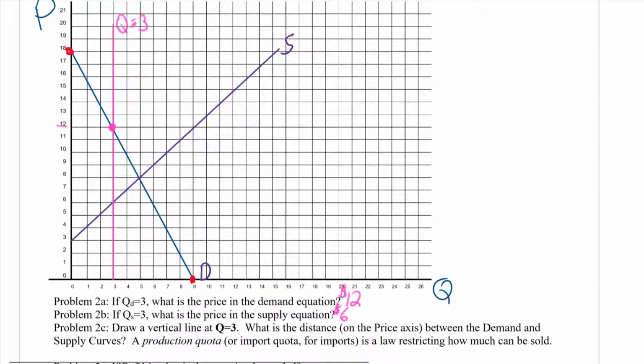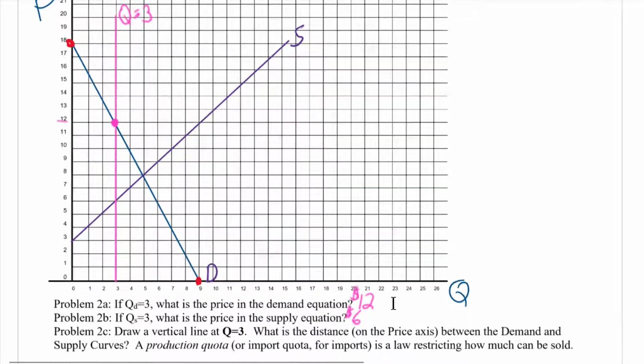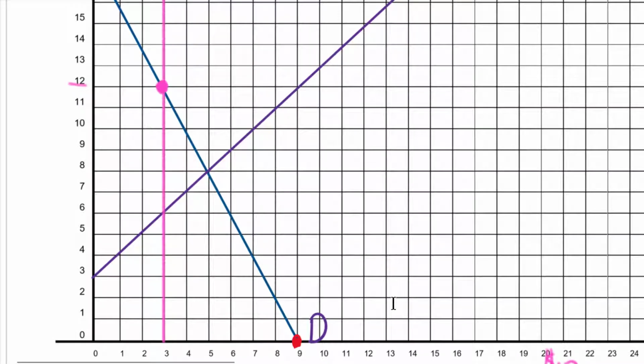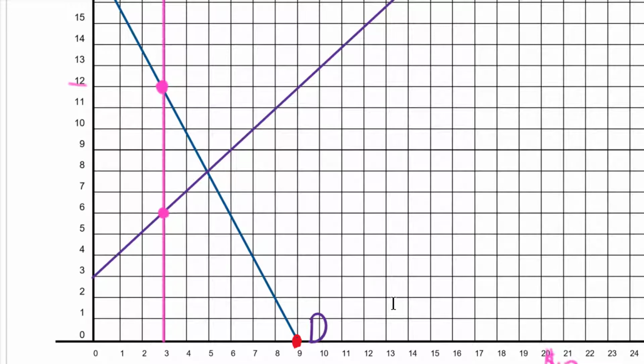Now the next question says, what is the distance on the price axis between the demand and the supply curves? So what we're saying here is if we zoom in and look at that point here and that point down there, what is the distance between those 2 points?